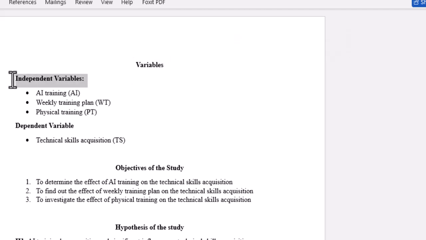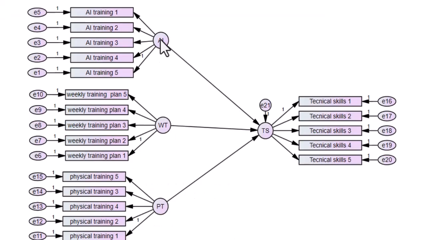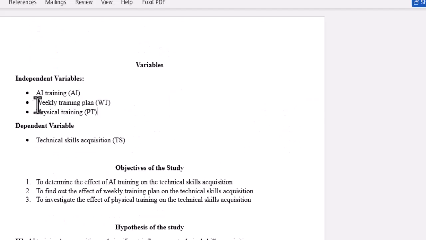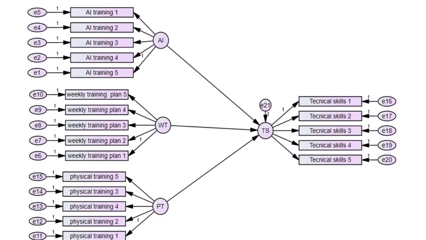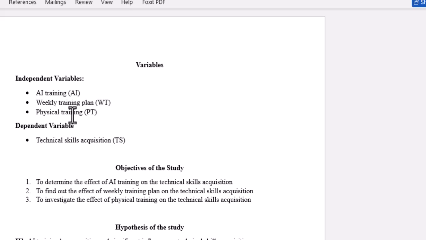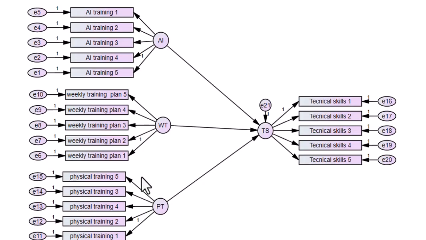So we have the independent variables and then we have the dependent variable. We have 3 independent variables: the AI training, which is this one, then the weekly training plan, which is this one, WT, and then the physical training, which is this one. So these are the independent variables.